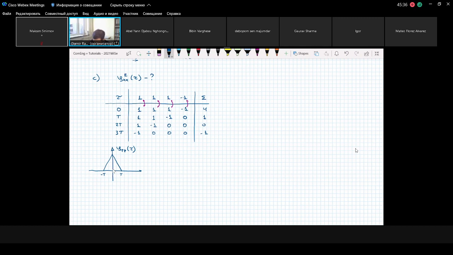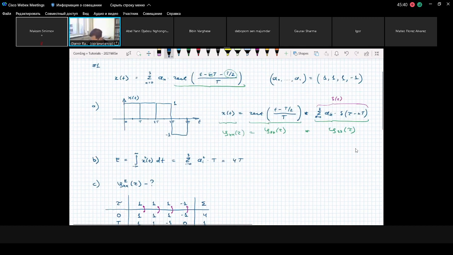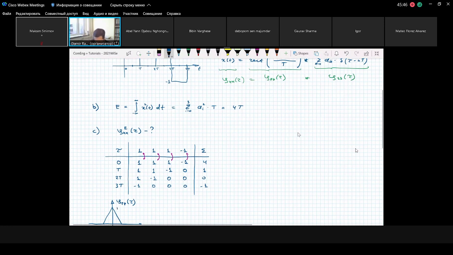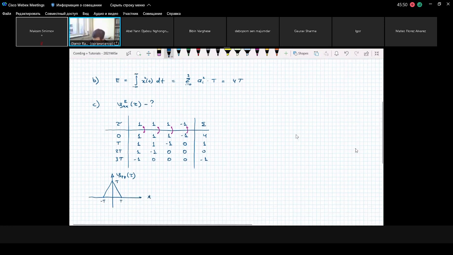In this case, it goes from minus T to capital T, and the amplitude will be the energy of the rectangular pulse. So it will be 1 times T. Capital T is the maximum value, convolution with the discrete autocorrelation function.